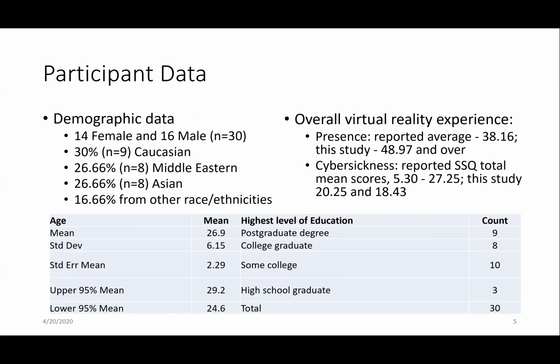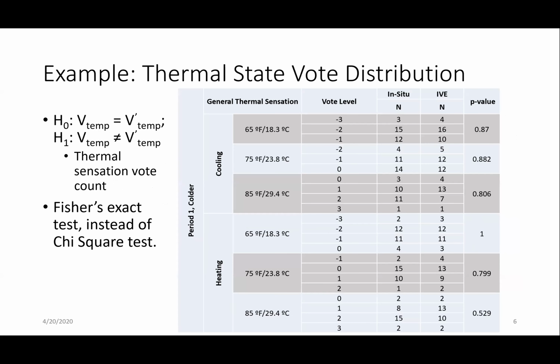We have 30 participants in this case, and here is some data about these participants. For each of the hypotheses, there are different tests, so here I reported just one case: the cooling in a colder condition, with the two sequences and each temperature.